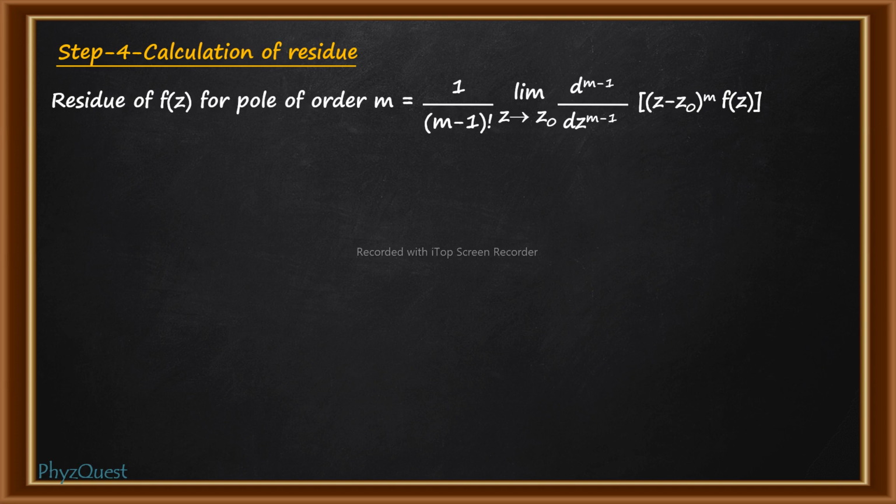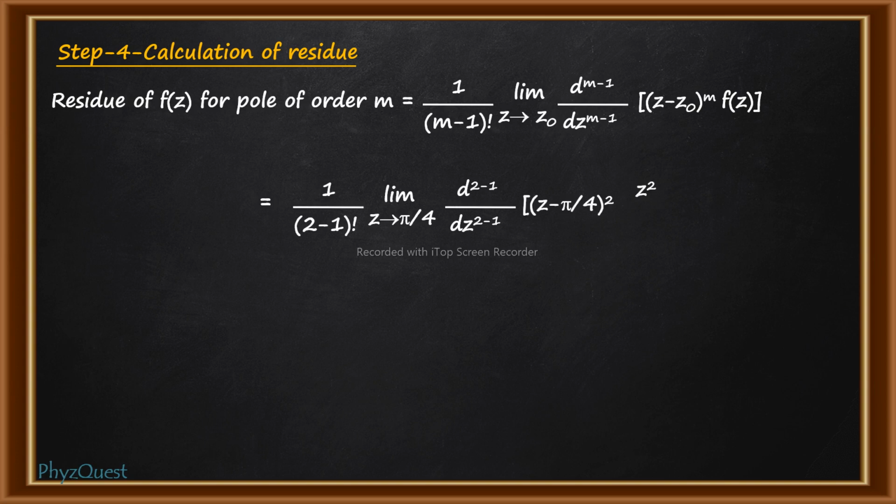So here we have a pole of order 2, that means m is equal to 2. So this will be equal to 1 by (2 minus 1) factorial, limit z tends to pi by 4, d to the 2 minus 1 by dz to the 2 minus 1 of (z minus pi by 4) square into z square divided by sine square 4z. Here I am not going through the whole calculation part. Ultimately when you do the final calculation, it will give you the value pi by 32.